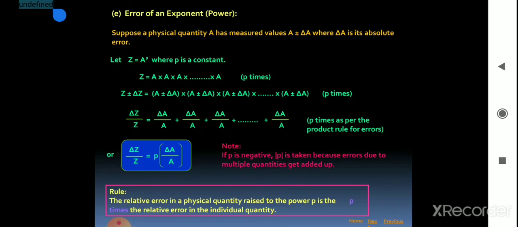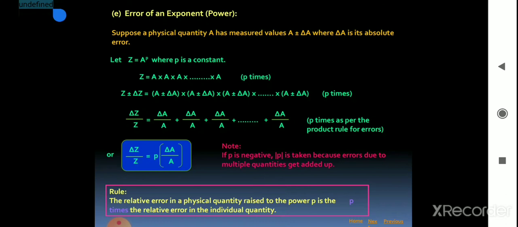The relative error in a physical quantity raised to the power p is p times the relative error in the individual quantity. If it is given as error of an exponent, then you will get its power times the relative error of the individual quantity.